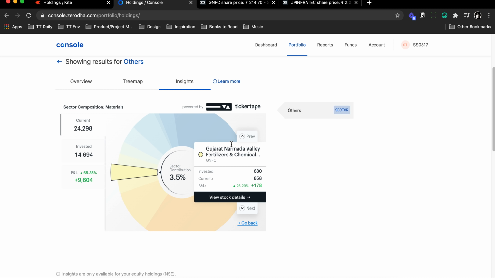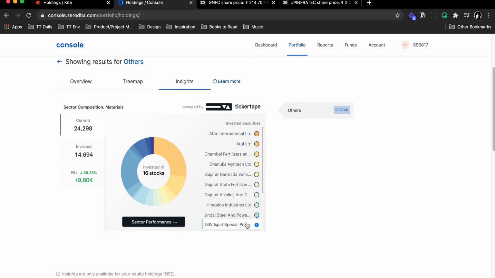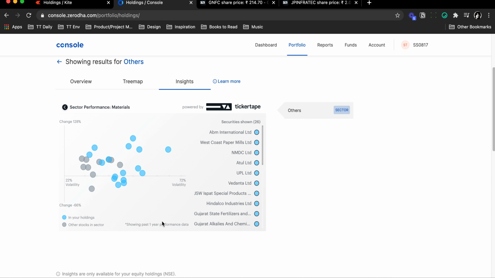right? So now that we're here, let's go back one step, and there's an option here which says sector performance, right? This sector performance also allows you to look at how the sector has performed at large. And this provides a very insightful chart which helps you visualize the various companies in the selected sector.